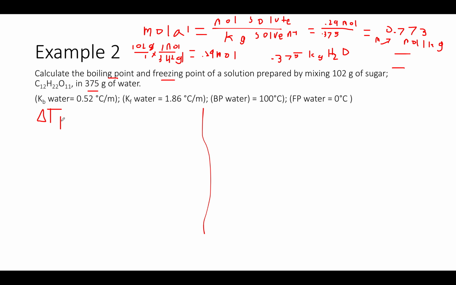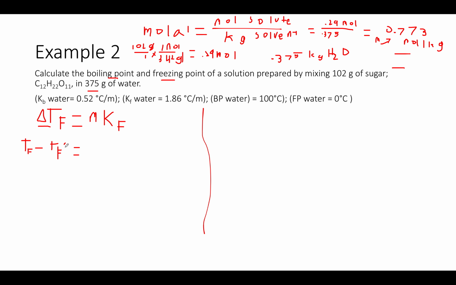So the freezing point depression formula says that the freezing point depression equals the molality of the solution times the freezing point depression constant. Looking for the freezing point of this solution, but notice that delta TF equals the initial freezing point of the solution minus the one that we are about to calculate.